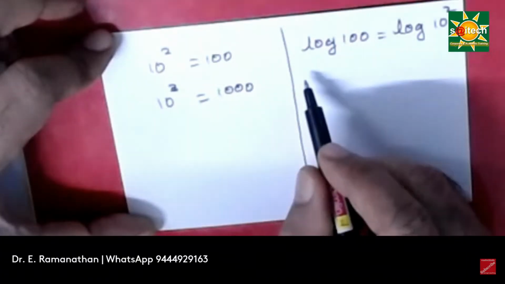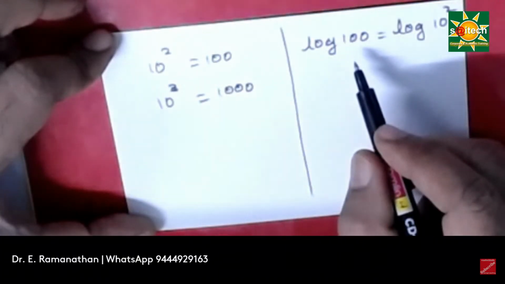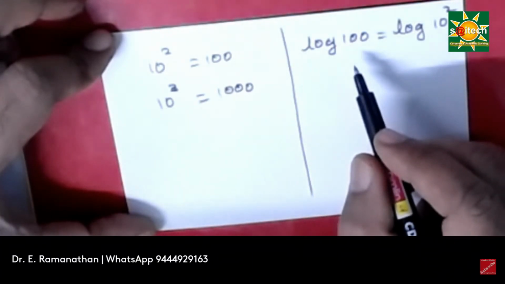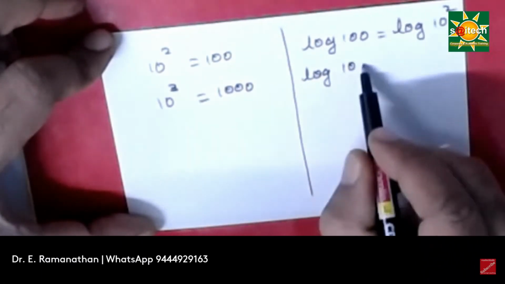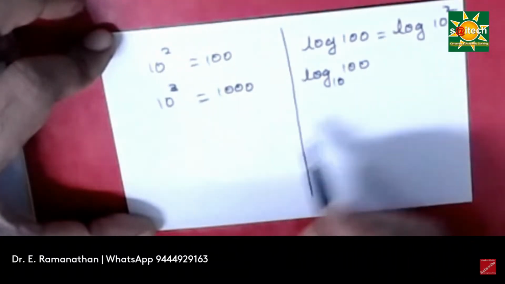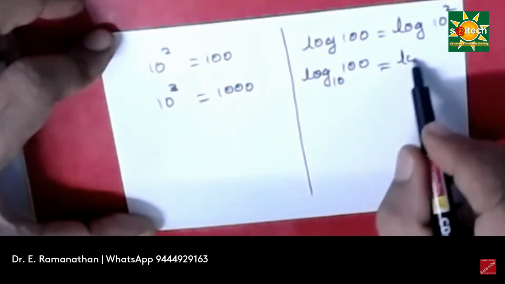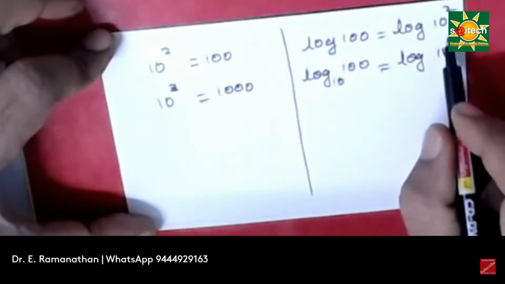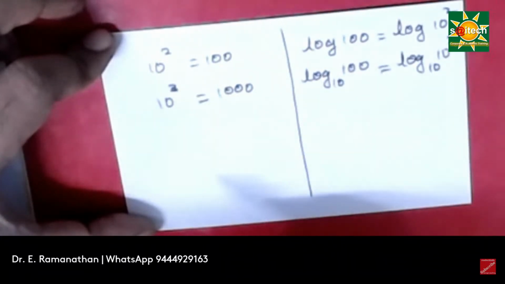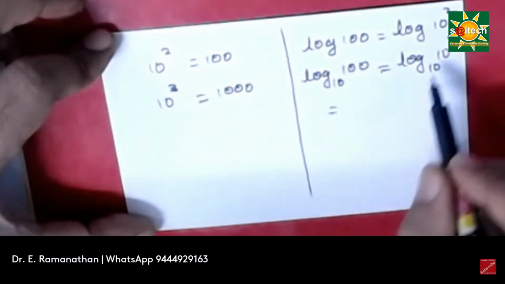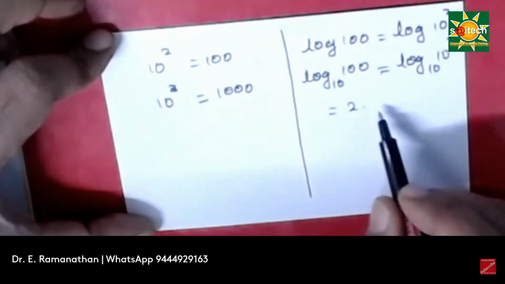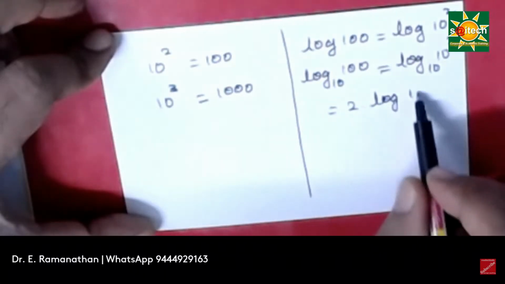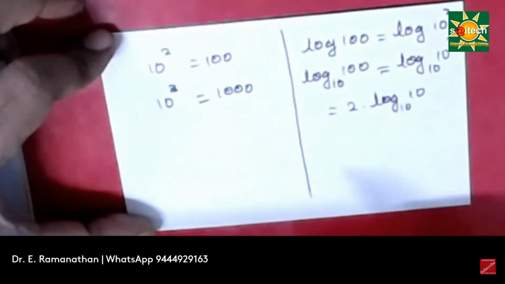As I already mentioned, when it is log to the base 10, it can be interpreted like this: log 100 to the base 10. This means log 10 squared to the base 10. Therefore, we can apply the power rule. So 2 into log 10 to the base 10.